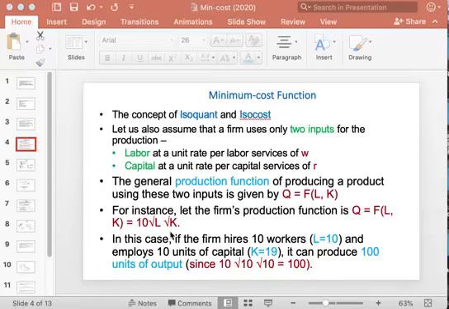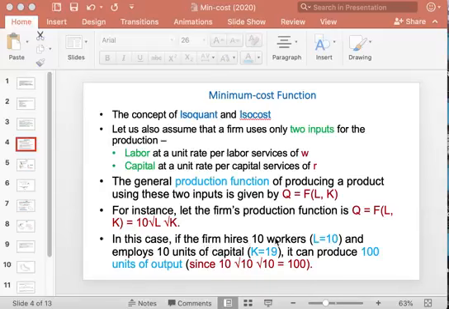From this equation, we can find out, for a given quantity of labor service and capital service, what the output Q is. Let us take an example.